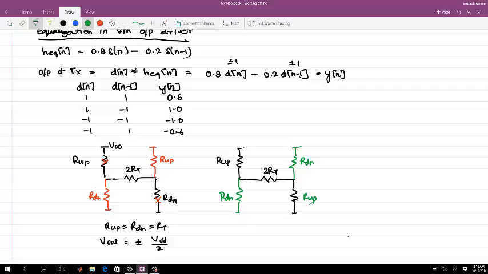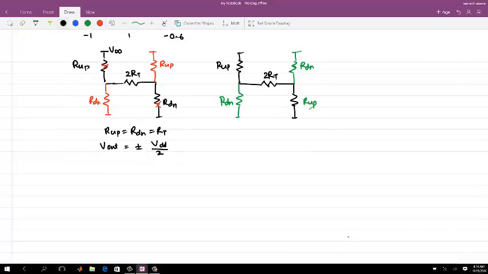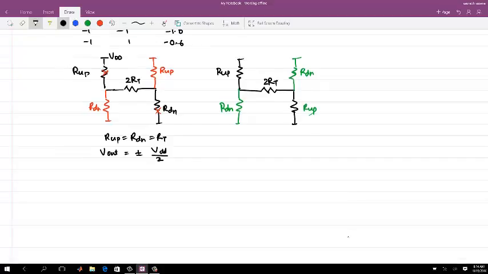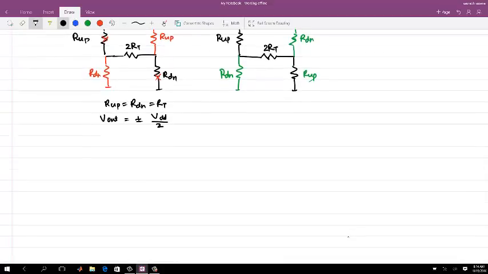Okay, so let's see how it is done in a more systematic fashion.